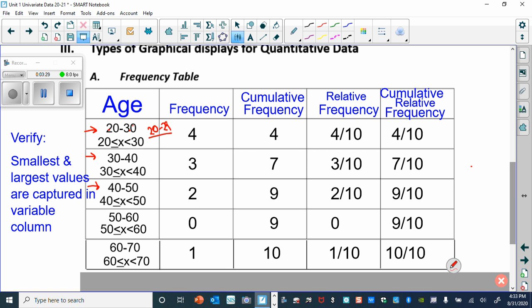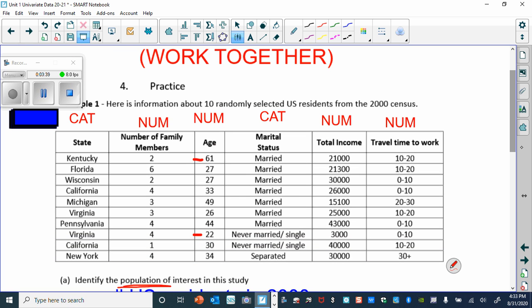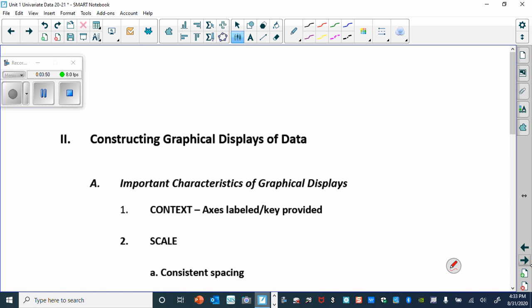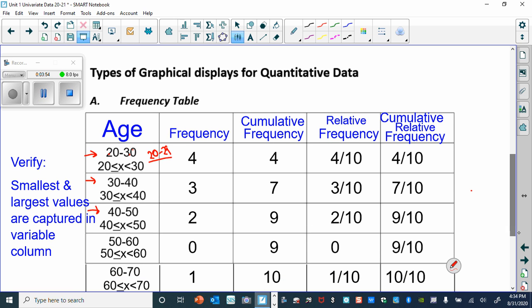And so when we go through there, we see that there were 4 people who were between 20 and 29. And I'll just show this first one to show. And so the 22-year-old, the 26-year-old, the 27-year-old, and another 27-year-old. So there are 4 people who were between 20 and 30 years old.